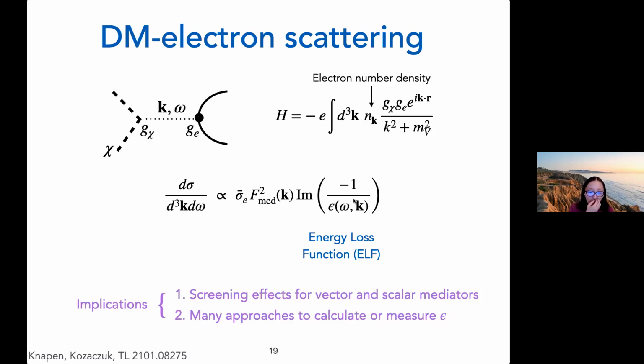For instance, you can try to directly experimentally calibrate this. You can try to calculate it, including more and more many-body effects. So it gives a handle, at least on the material side, on how well we understand the scattering. Of course, there's still the dark matter halo side, where there are also uncertainties.